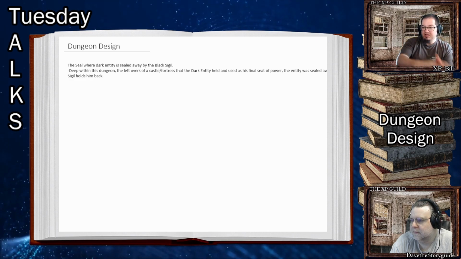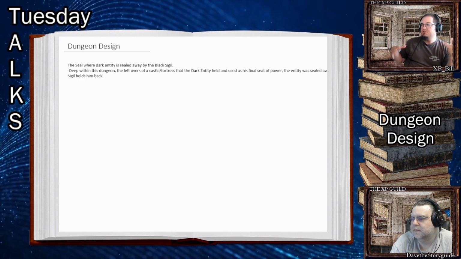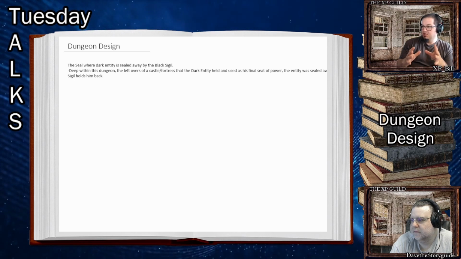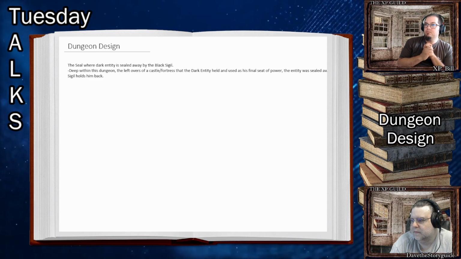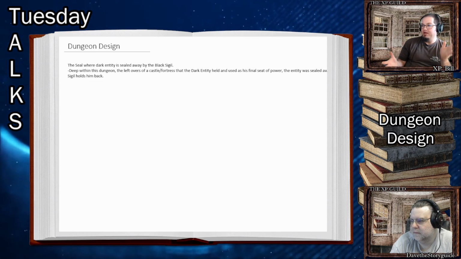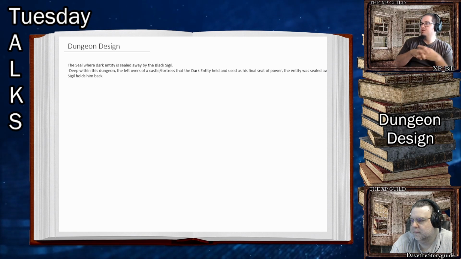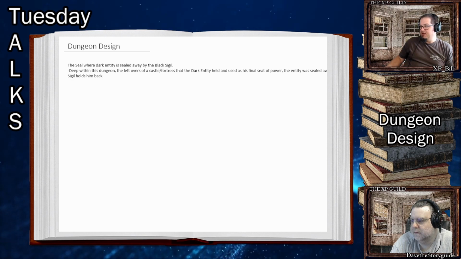The very end part is if you get through the entire dungeon, there'll be this black sigil that is lurking in the depths of this dungeon. And then if you break that or do whatever, then this dark entity is released. There's a lot of things that could cause this.